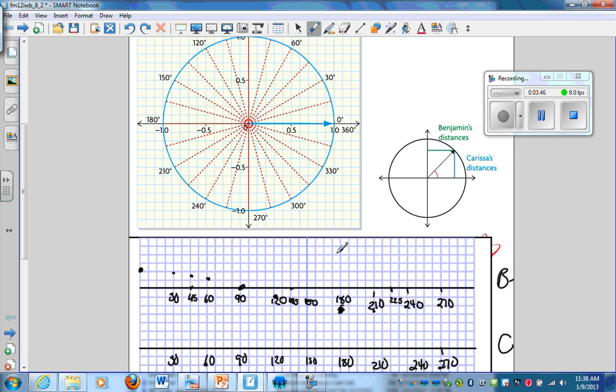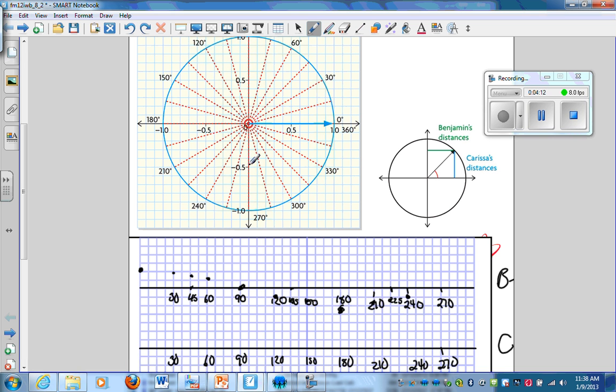And at 225, I bet this is 0.7. 1, 2, 3, 4, 5, 6, 7. Negative 0.7. I should have been a little more up with my 0.9 there. 240, I bet I am negative 0.5. 1, 2, 3, 4, 5. You can see I'm at negative 0.5.